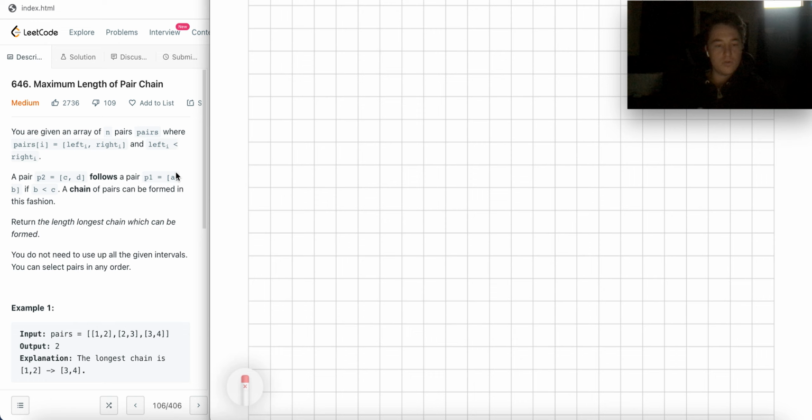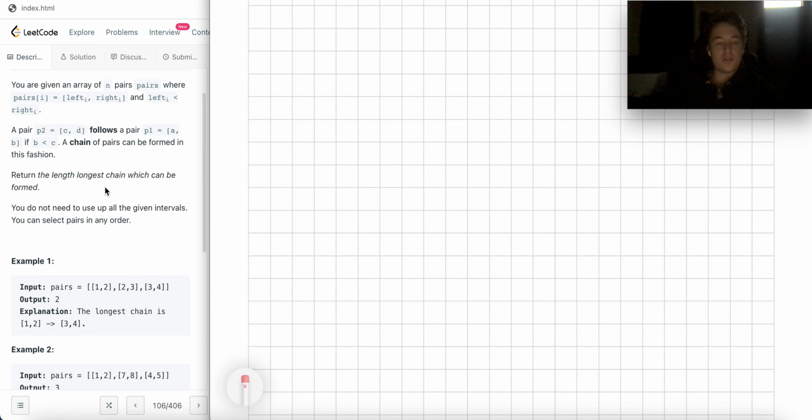So the time that this task ends, time B, has to be less than the time that this task starts, which is C. Task 2 starts at time C and ends at time D, and task 1 starts at time A and ends at time B. This pair chain could be created because the time that P1 ends, time B, is less than the time that P2 starts, time C.